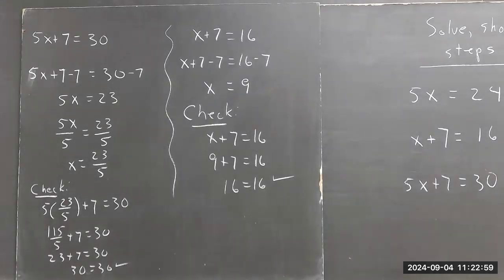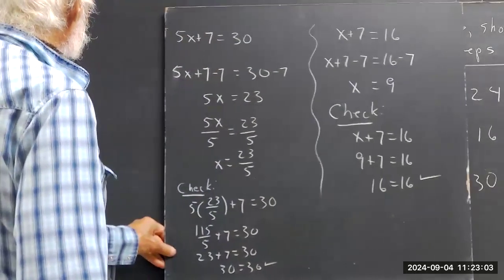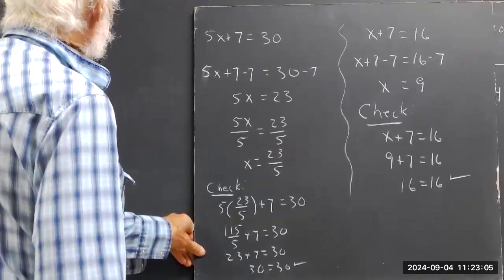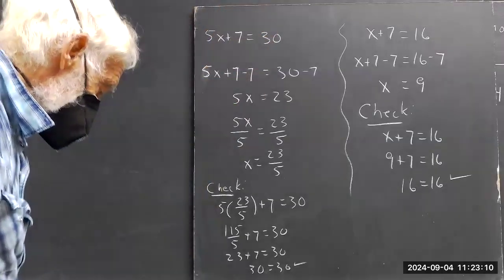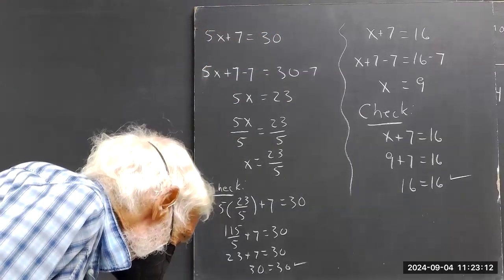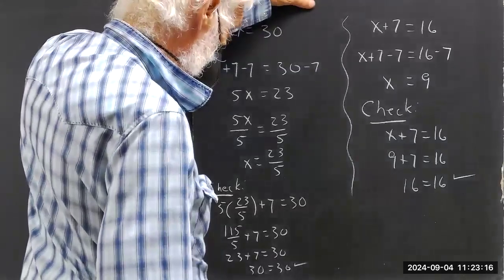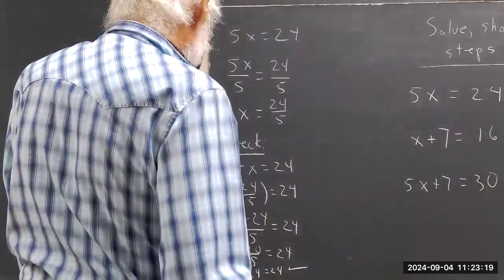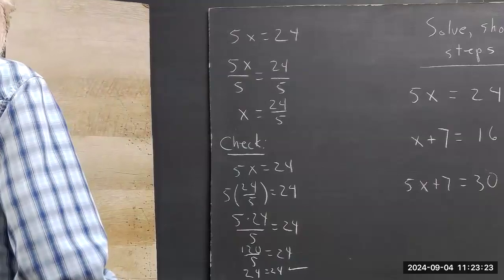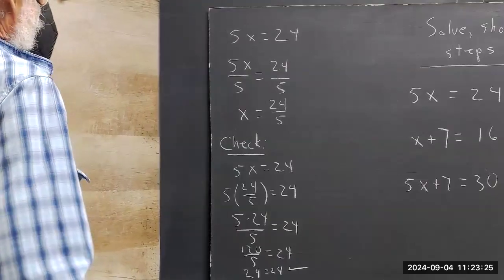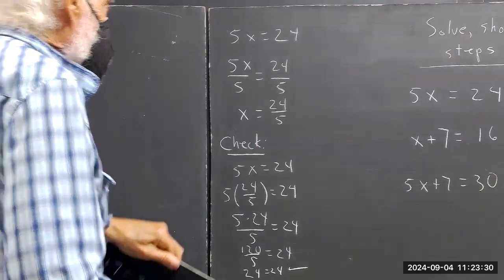Okay. Now there is another way to solve it. And I'm going to demonstrate what happens when you try to divide just 5x by 5.